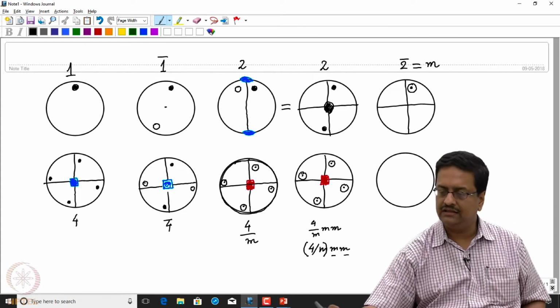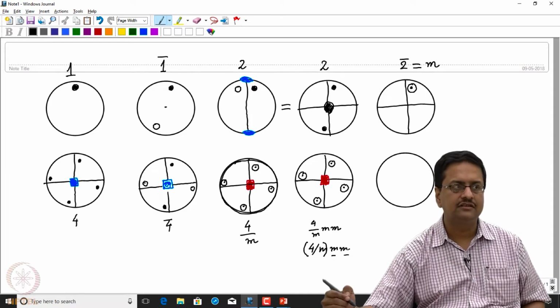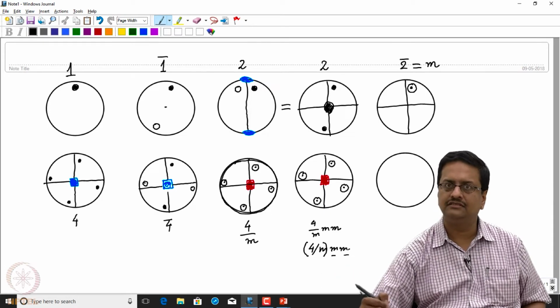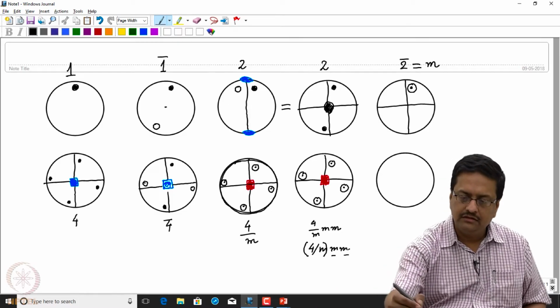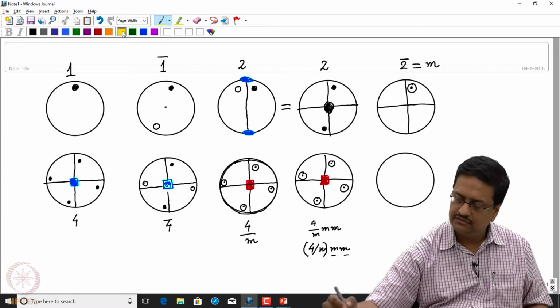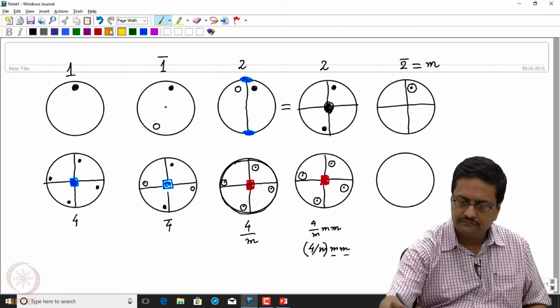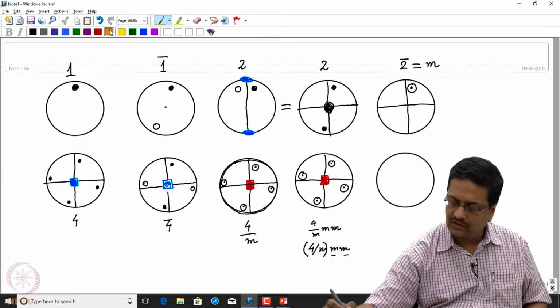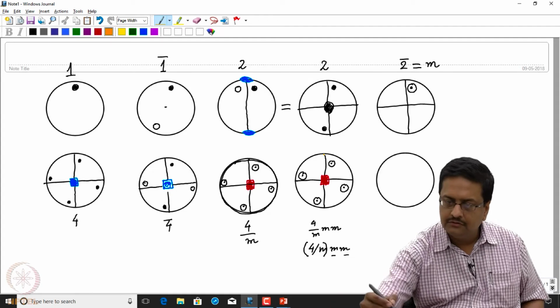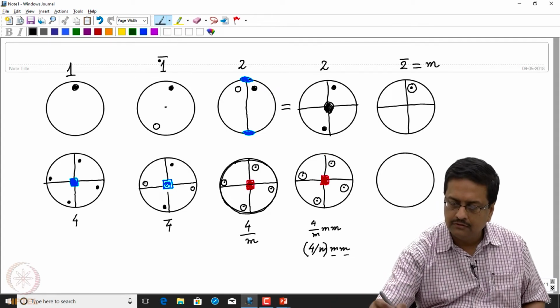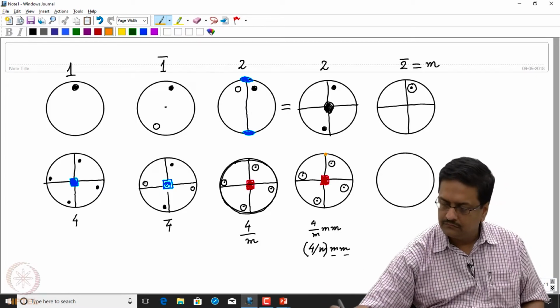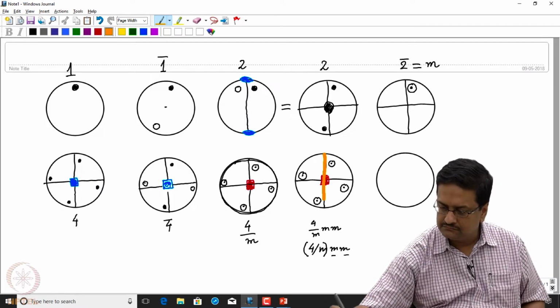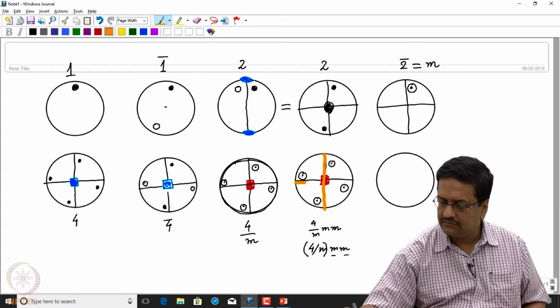Now when we are saying that there are 2 more mirrors containing the fourfold axis perpendicular to the previous mirror, then the 2 mirror planes should be this one and that one.